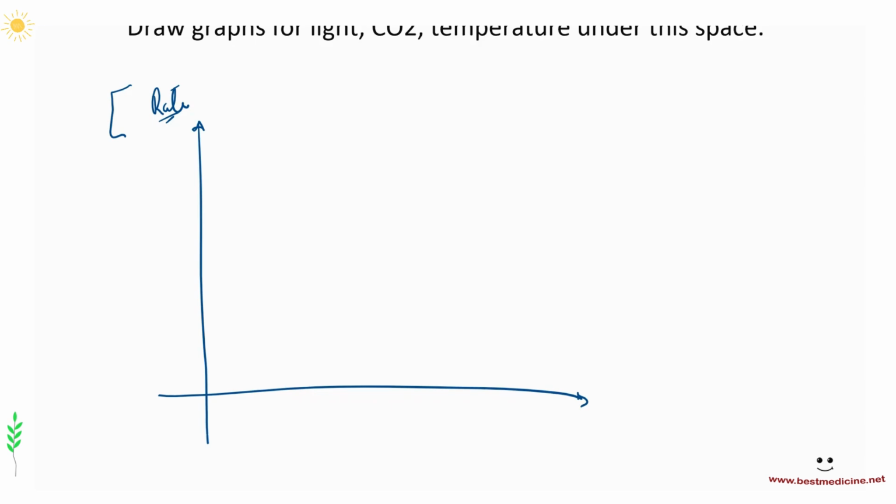On the x-axis, we'll have the independent variable. For example, this time we're just going to have light intensity, so we're going to be increasing light intensity. Initially, increasing light intensity increases the rate of photosynthesis. But then, eventually, at some point, further increasing light intensity does not increase the rate anymore.